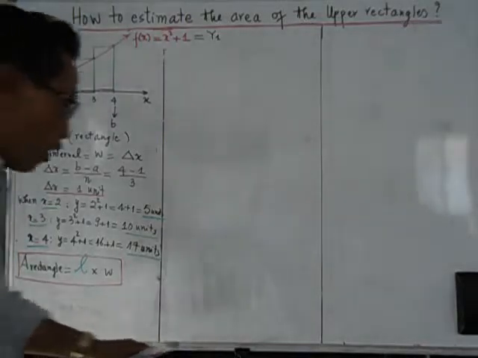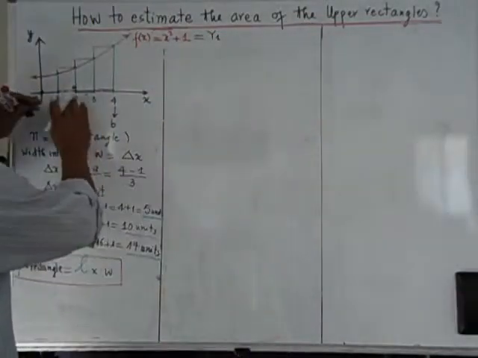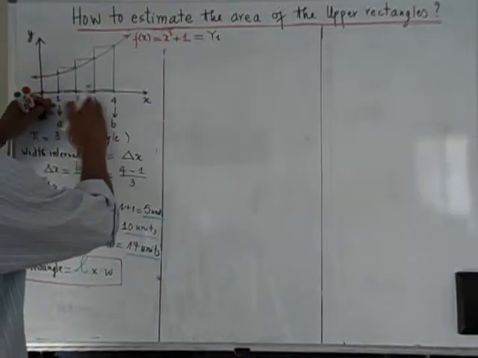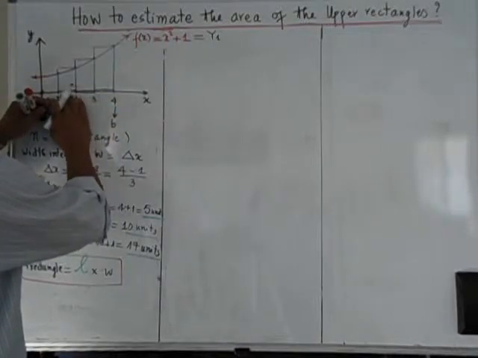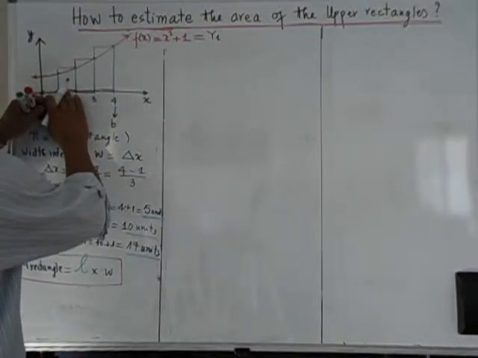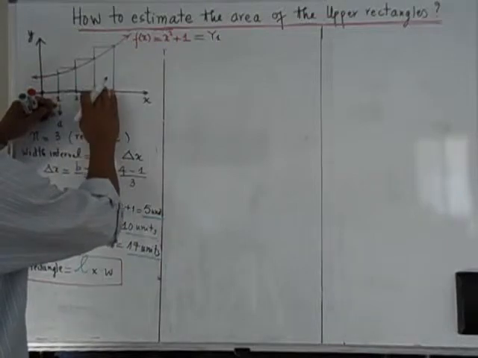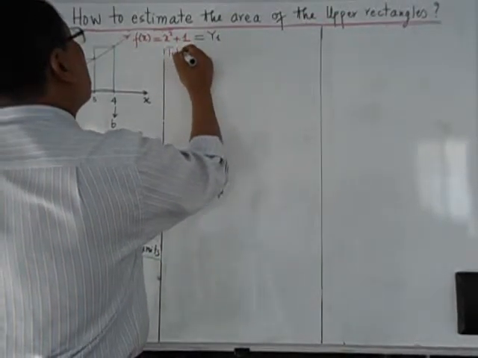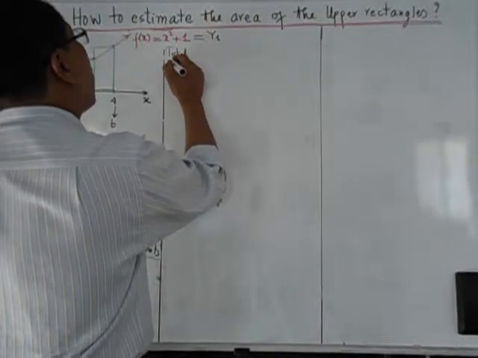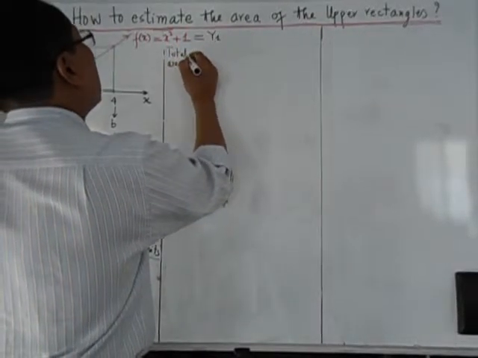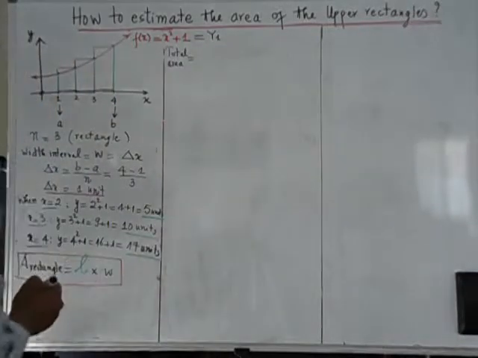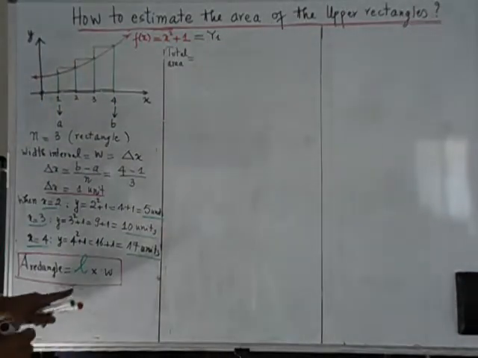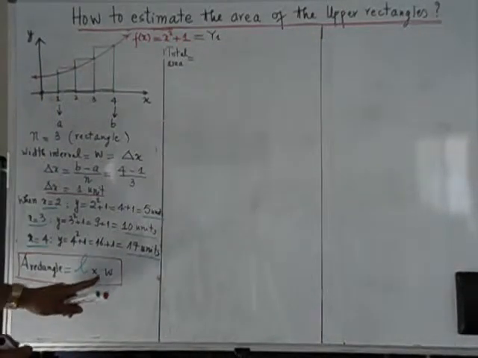So the total area of this region, or of these three upper rectangles, equals the width times the length, or the length times the width.